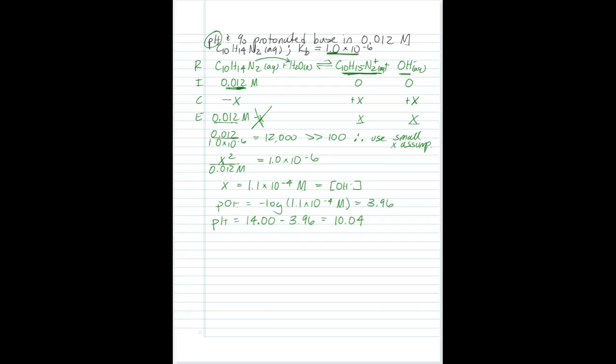What about percent protonated base? So we take the concentration of the ions that we get when the nicotine breaks up, and that is our 1.1 times 10 to the minus 4 molar. So this is not the percent, this is the concentration of our protonated base, which is C10H15N2 plus, okay?